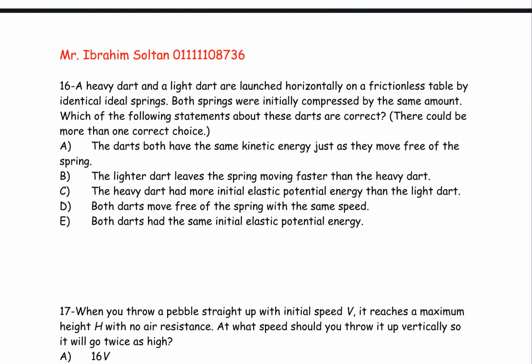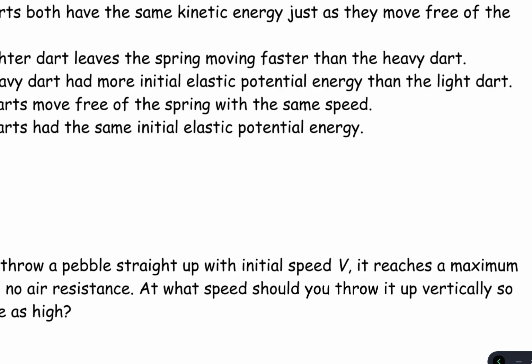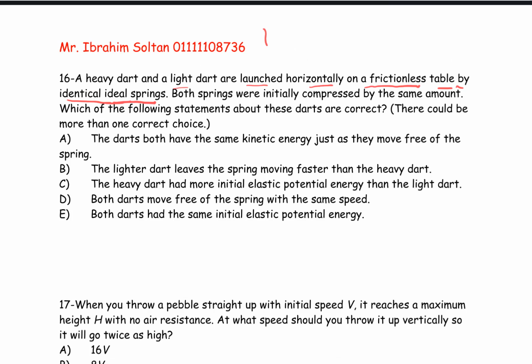A heavy dart and a light dart are launched horizontally on a frictionless table by identical ideal springs. So you have a spring, sorry guys, and you have an arrow, and it is compressed, so when the dart can move, it will go directly on the x-axis, as he said here.